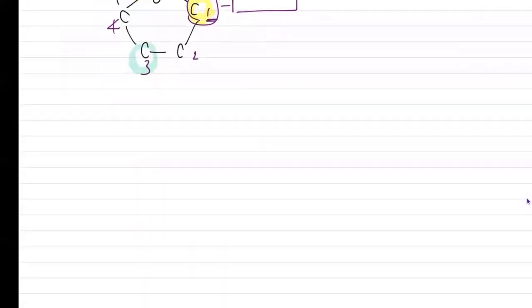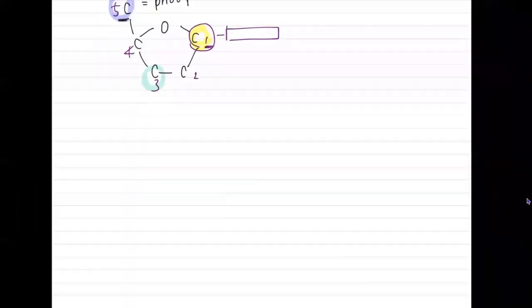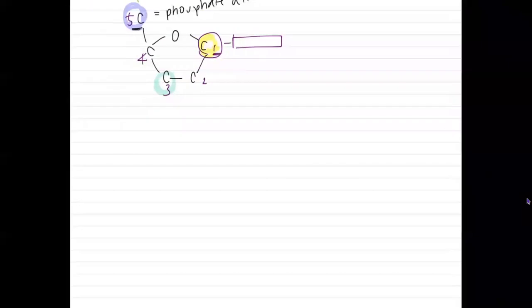And so, if we have this nucleotide, we're going to have another one that comes right below it, if we were to make a whole chain of DNA. And then we are going to have that phosphate group attached to the carbon 3.